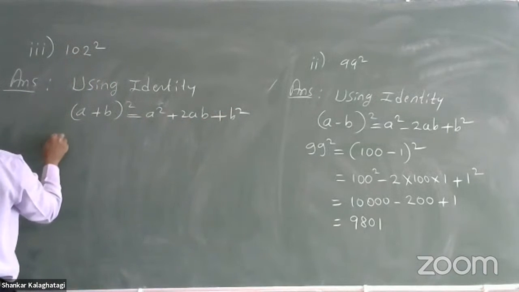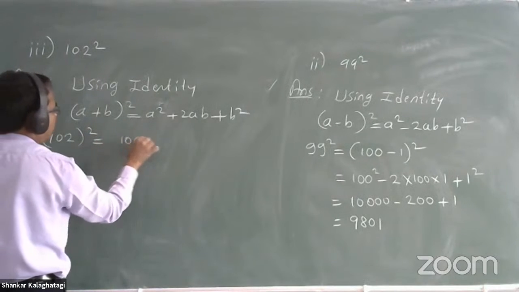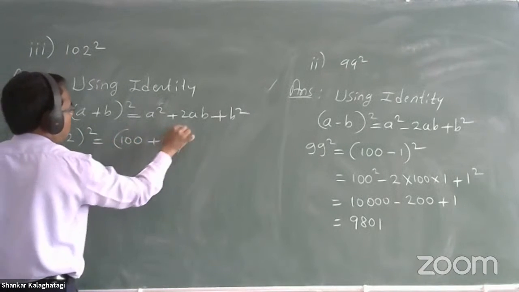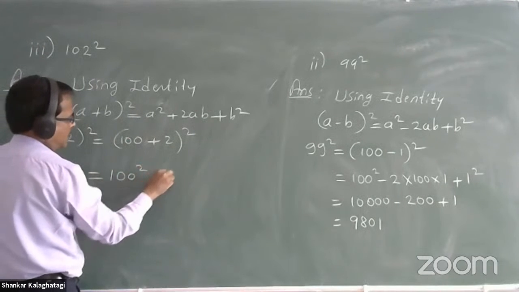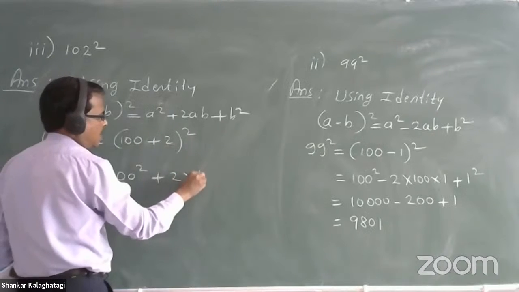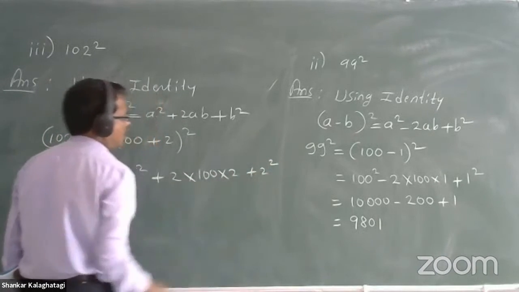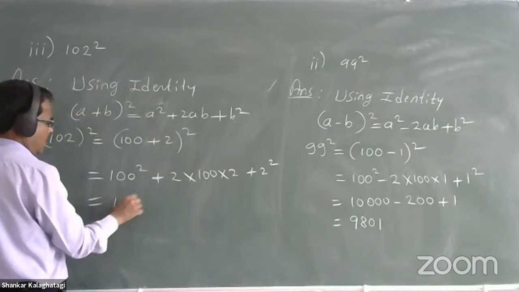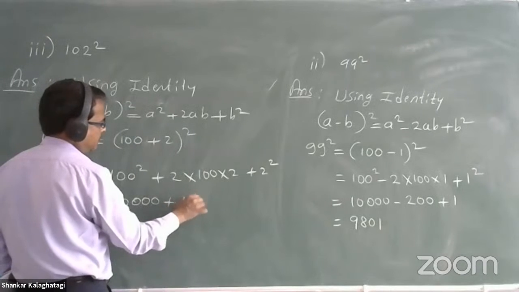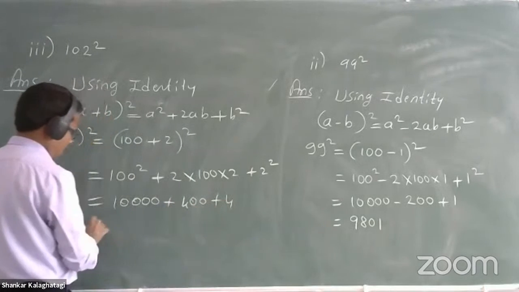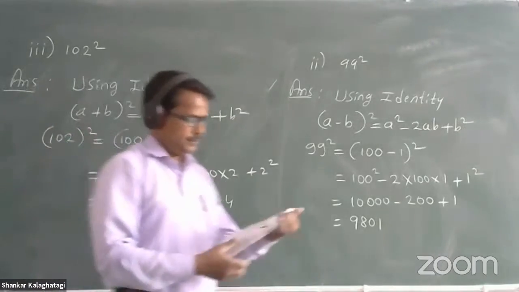So 102 square is 100 plus 2, equal to first term square, 100 square, plus 2 times 100 into 2, plus 2 square. This is equal to 10,000 plus 400 plus 4. So 10,404 is the answer.